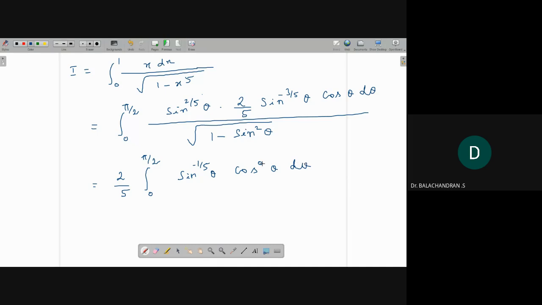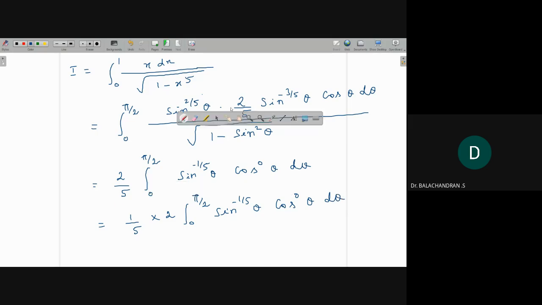That's why I wrote here. So now this is equal to 1 by 5 into 2 into integral 0 to pi by 2 sine power minus 1 by 5 theta into cos power 0 theta. If you see this integral, you should know the beta function in terms of what?